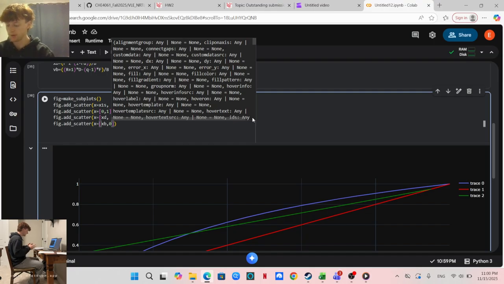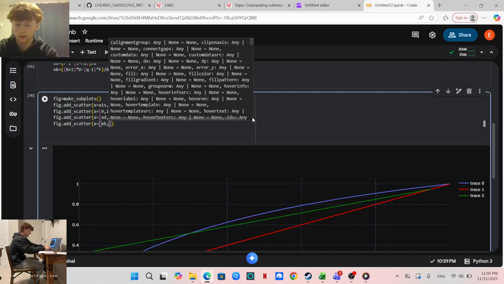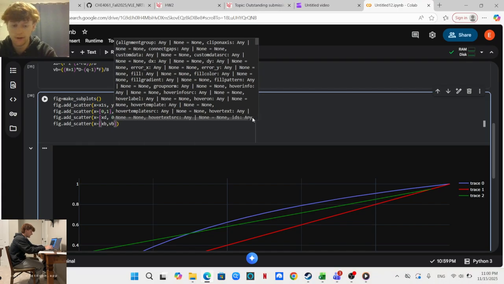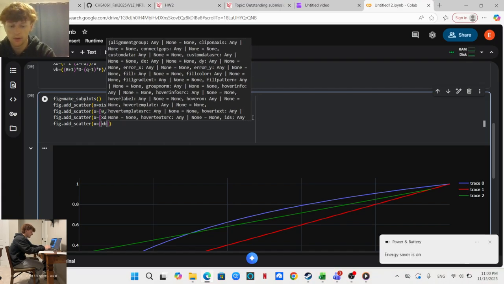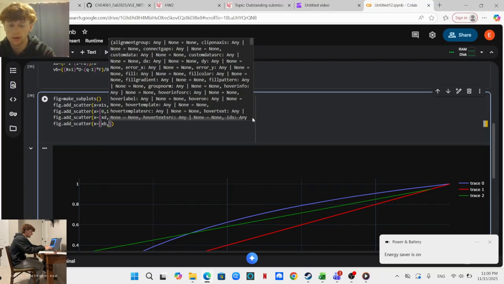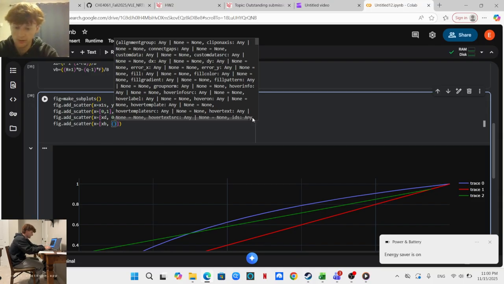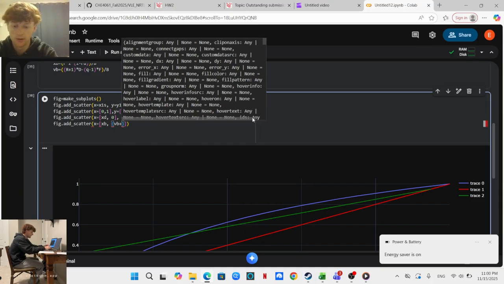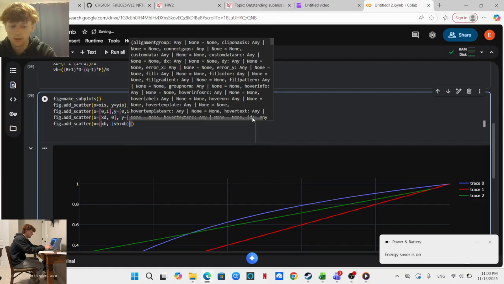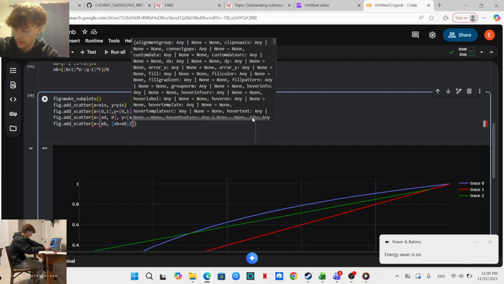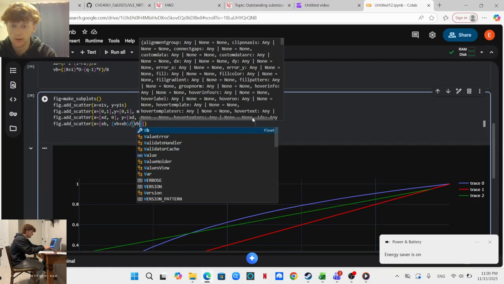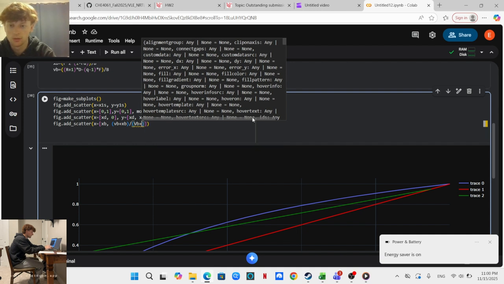So it's VB plus xB, VB plus 1, like how we derived earlier. So we have parentheses, VB plus xB, divided by our VB plus 1.